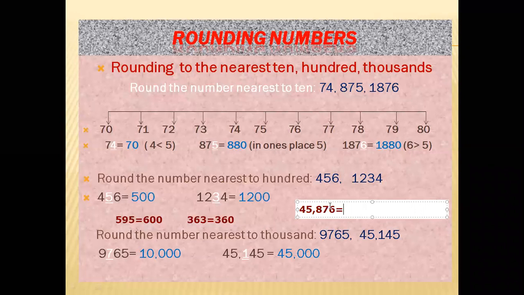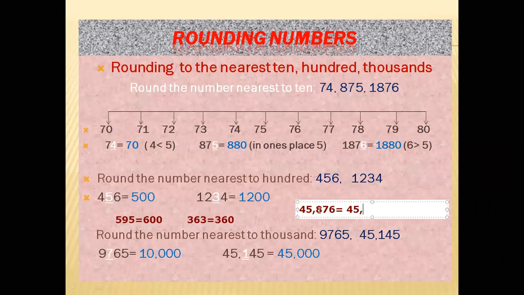In the tens place, which digit is there? 7 is there. Is 7 greater than 5 or less than 5? This is greater than 5, right? So the answer is what? 45 remains the same only. You have to change the number in the 100 place only. 45 is the same only.